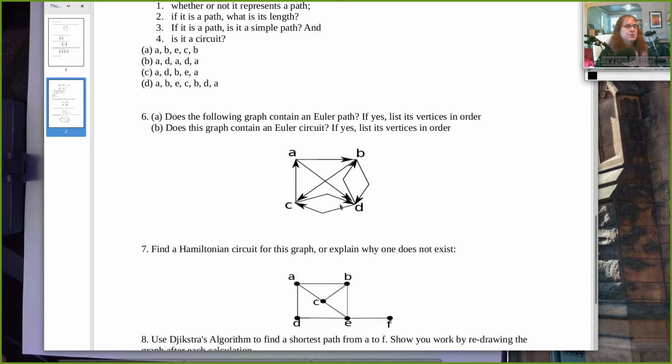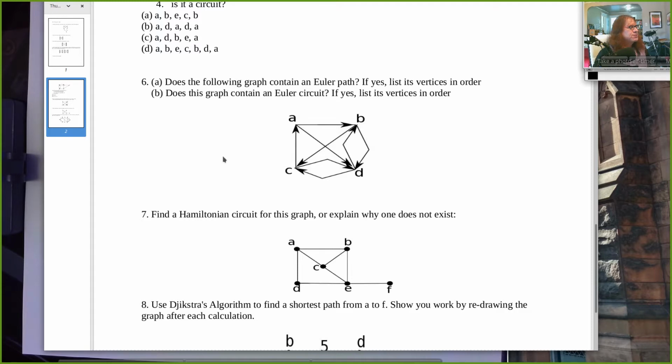Question 6, is there an Euler path, which means that it's a path that starts at any vertex, ends at any vertex, but travels each edge exactly once? And if it's a directed graph, you have to follow the edge in the direction of the arrow. If there's a pair of edges, you have to travel both of those. And then an Euler circuit means the same thing, but you start and end at the same vertex.